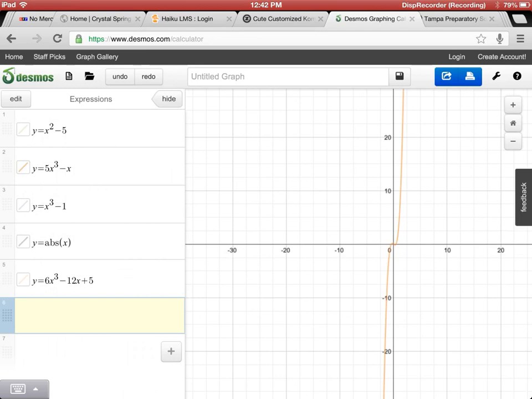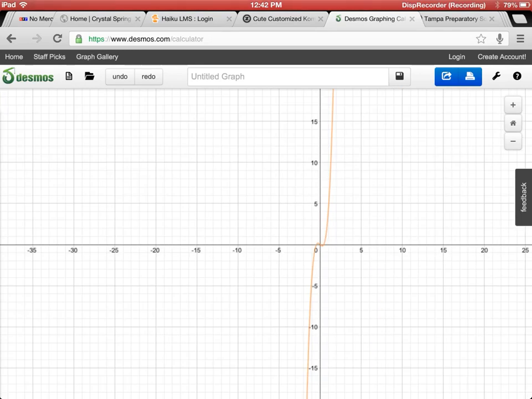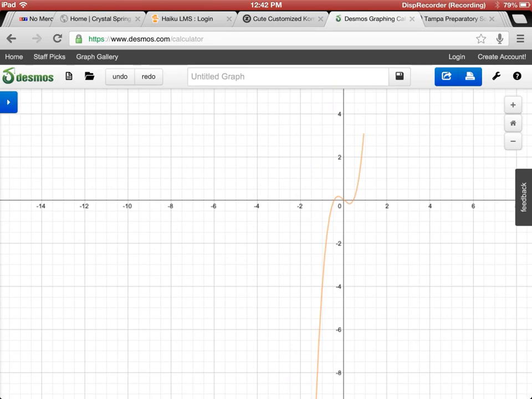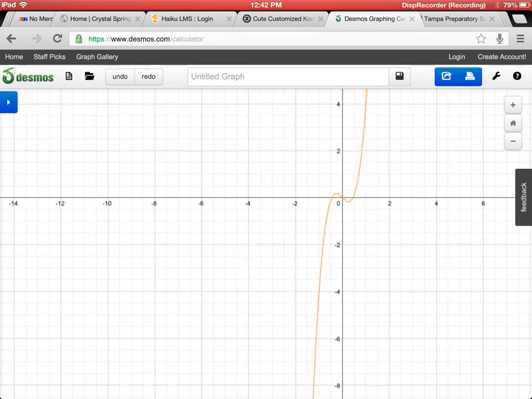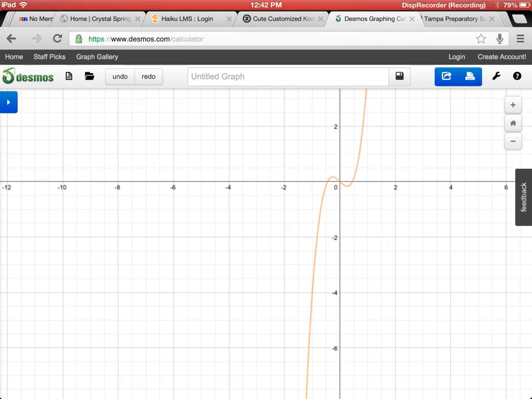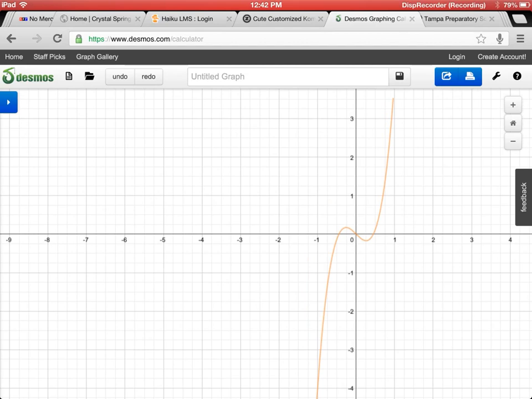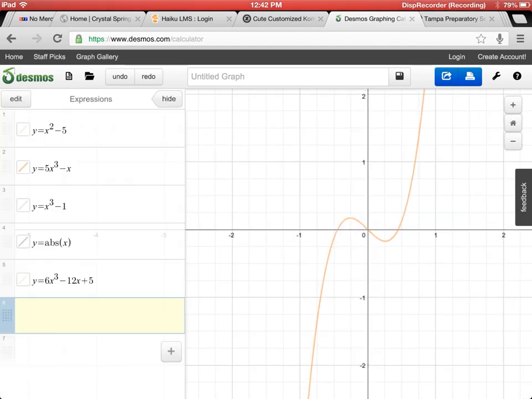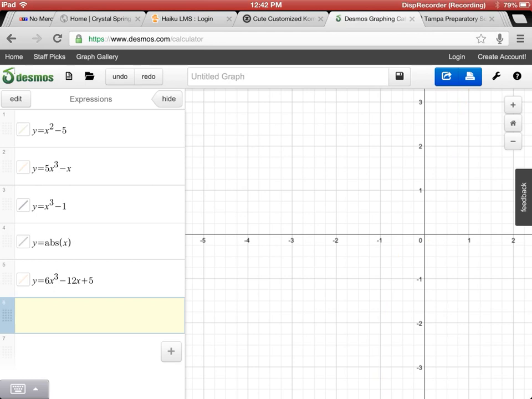There we go. And let's zoom in on this. X cubed minus 1. And actually, I don't have the right equation there. There's my x cubed minus 1.